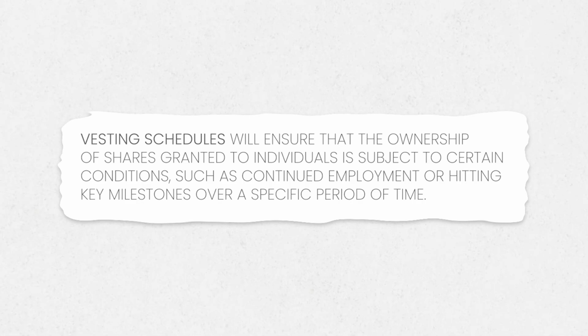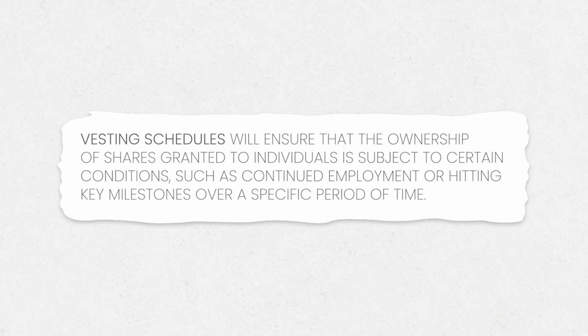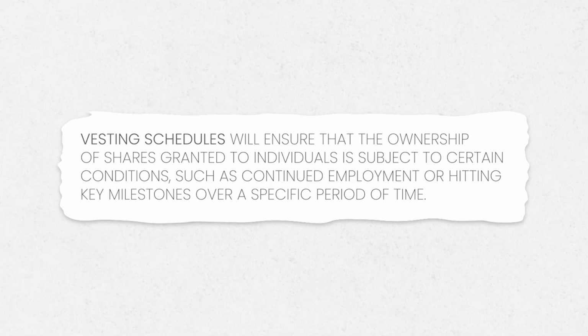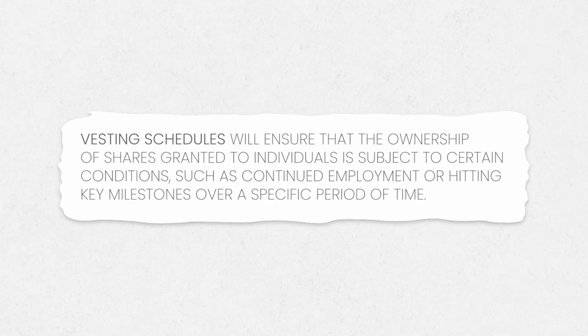If you plan to incentivize employees or key stakeholders with equity participation, it's worth considering the implementation of vesting schedules and stock option plans. Vesting schedules will ensure that the ownership of shares granted to individuals is subject to certain conditions, such as continued employment or hitting key milestones over a specific period of time.